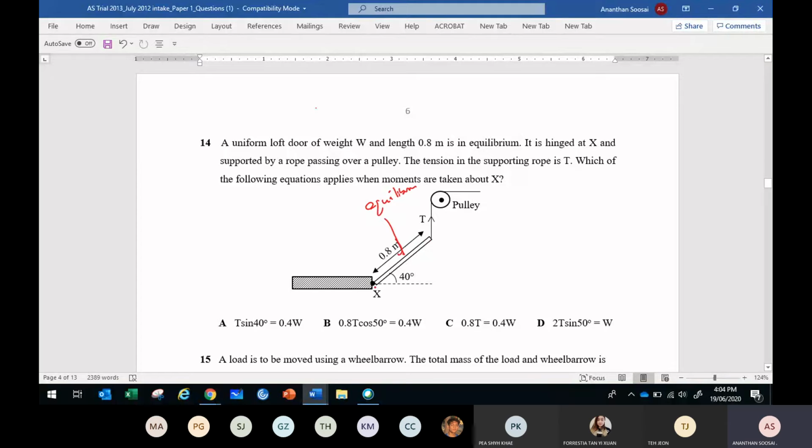Check what forces are acting on this rod. The tension acts up. What other forces act on this door? The weight, acting at the center, straight down.